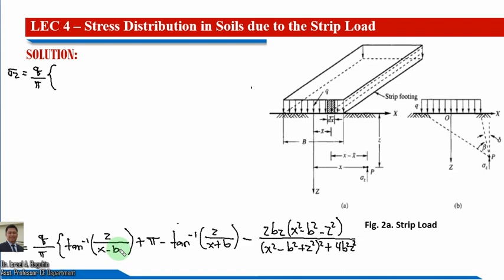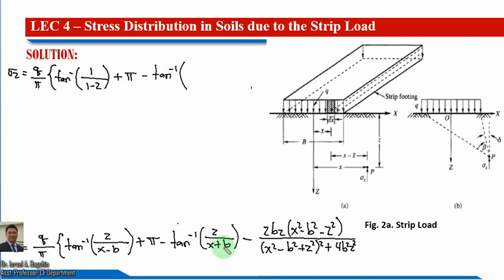Okay, so our tangent would now be equal to the inverse tangent of 1 over 1 minus 2, and this pi here plus pi, and then minus the inverse tangent of z over x plus b.